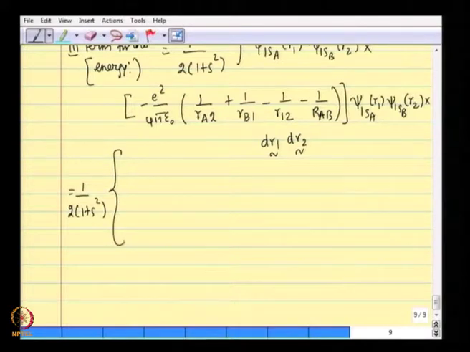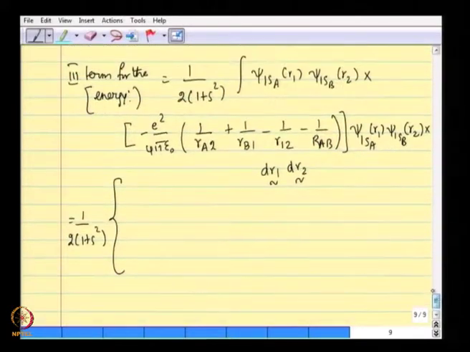Okay. Now, you can clearly see that the terms can be easily blocked out as 1 by 2 into 1 plus s square. Let us put a bigger bracket. You can take the terms to be psi 1sA or 1, psi 1sA or 1 and minus E square by 4 pi epsilon naught 1 by r B1. This is the same thing as the Coulomb integral that we calculated for the hydrogen molecule ion.